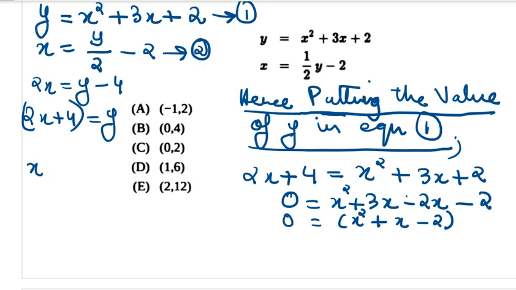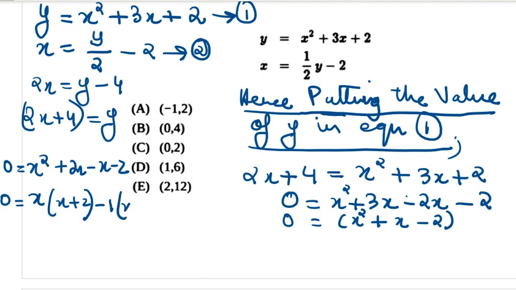This will be x square plus 2x minus x minus 2, and 0 is equal to 0. So 0 is equal to x plus 2 times x minus 1. Okay, so 0 is equal to x minus 1 and x plus 2.